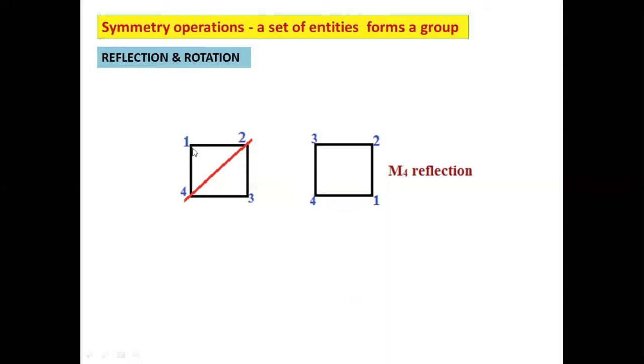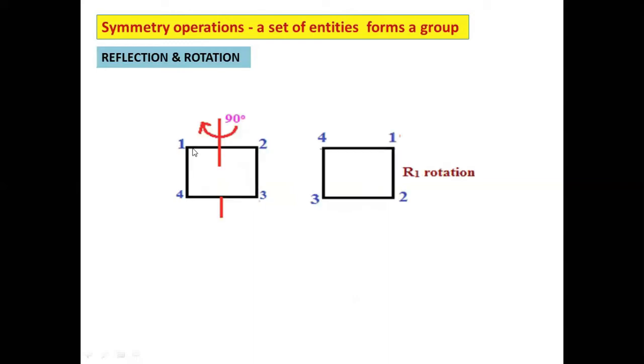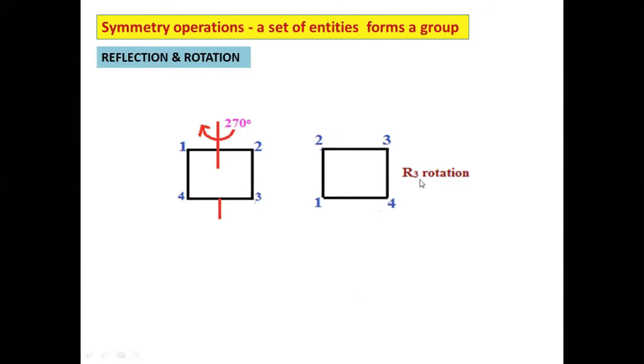Then let us go into the rotation operation. Here the symmetry element is a line which is perpendicular to the plane of the square, and it is subjected to rotation. When rotated through 90 degrees, we could see an indistinguishable configuration, but not an exact configuration. So let it be R1 rotation. And again, one more rotation through 90 degrees, totally 180 degrees, gives another rotation R2, and 270 degrees gives R3.